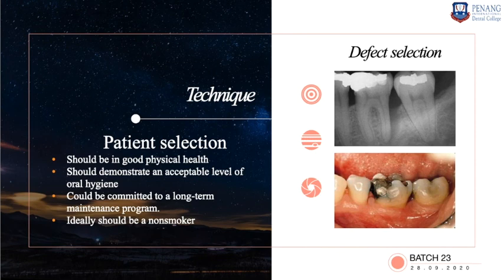The patient should demonstrate an acceptable level of oral hygiene, where the full mouth bleeding score should be less than 5 and the full mouth plaque score should be less than 10. So FMBS should be less than 5 and FMPS should be less than 10, which is called an acceptable level of oral hygiene for a regenerative procedure.